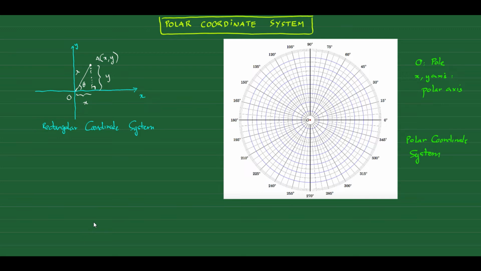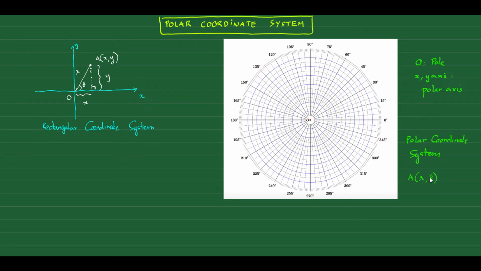So we know the component of a point on a rectangular coordinate system is x and y, but the component of a point on the polar coordinate system will be r and theta. So a point over here, the component will be r and theta.